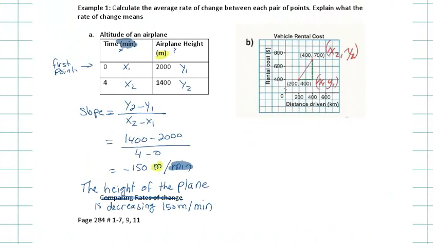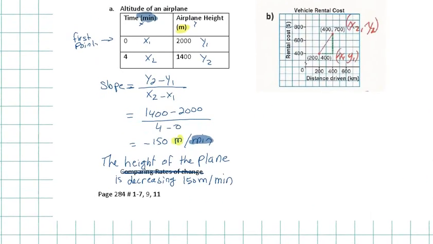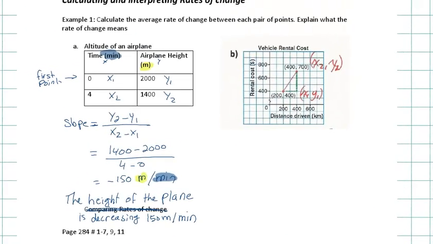You see the line that's in red. There are 2 points on the graph. There is point 200, 400, so that's your x1, y1, and there's point 400, 700. That's your x2, y2.